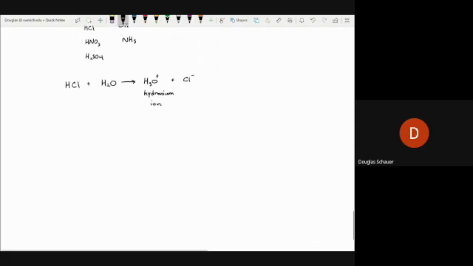Okay, now we've talked about different types of acids in terms of their strength, but also in terms of their proticity. So for example, we said HCl was a monoprotic acid. Whereas sulfuric acid would be a diprotic acid.